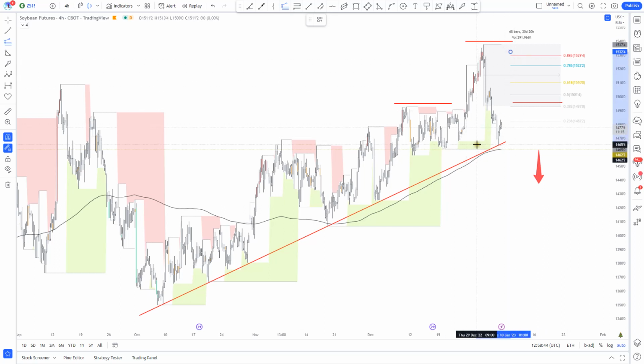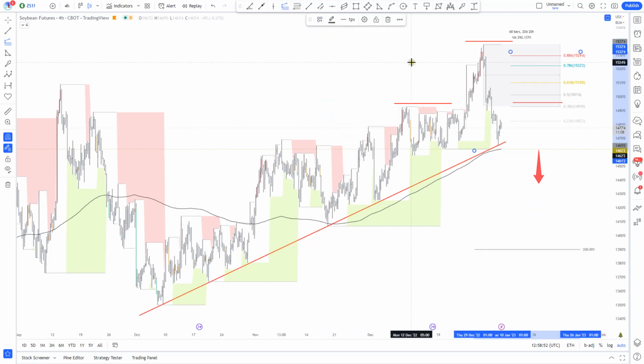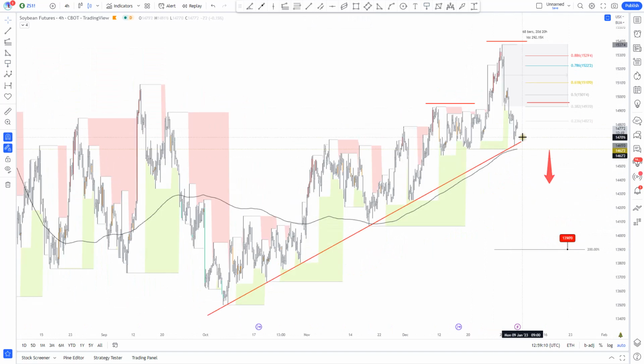In terms of targets and projections for this pattern, I will assume that a fall below the support will trigger a short towards the 200% Fibonacci extension level, and this is projected at 1390. So wait for further developments.